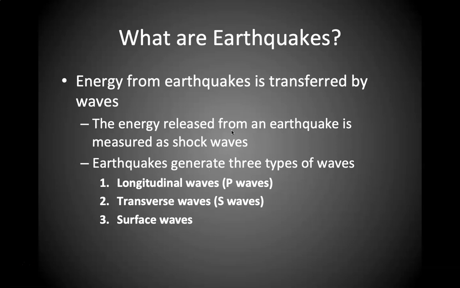We have our longitudinal waves, which are called P waves. We have transverse waves, which are known as S waves, and then we have surface waves. Those three waves, we'll talk a little bit more in detail about on the next couple of slides. But our P waves stand for primary waves. S waves stand for secondary waves. And so you also may hear those terms on the next couple of slides.